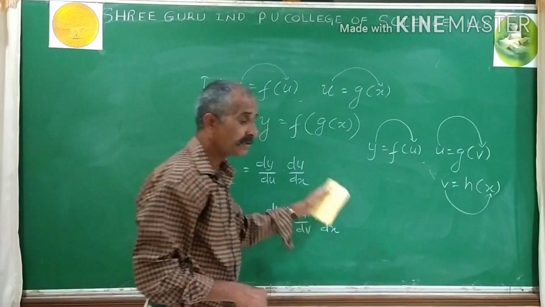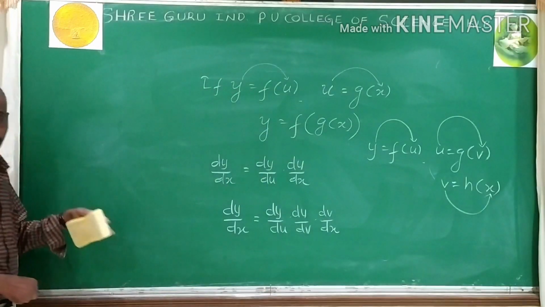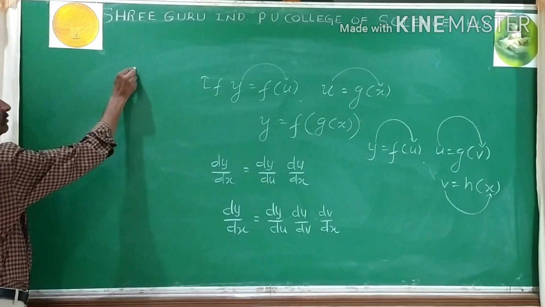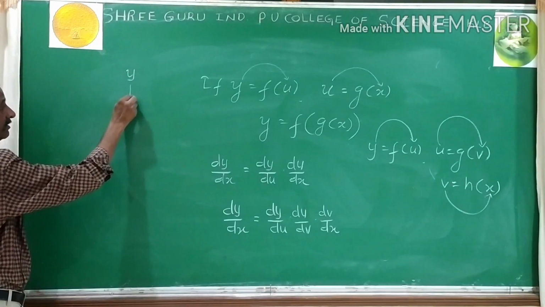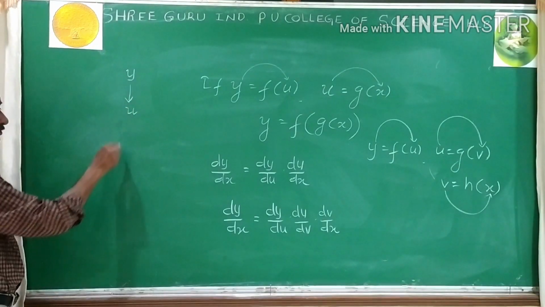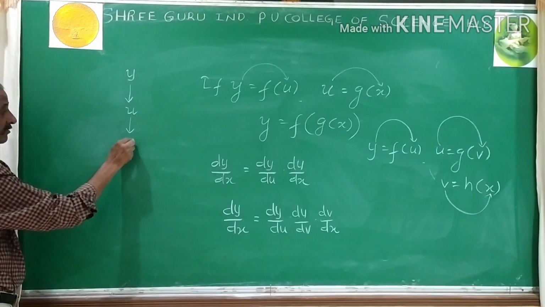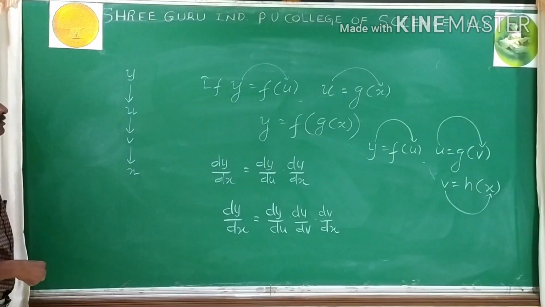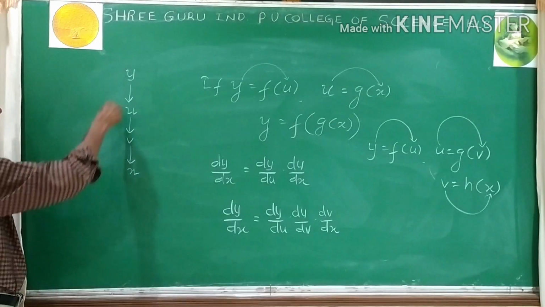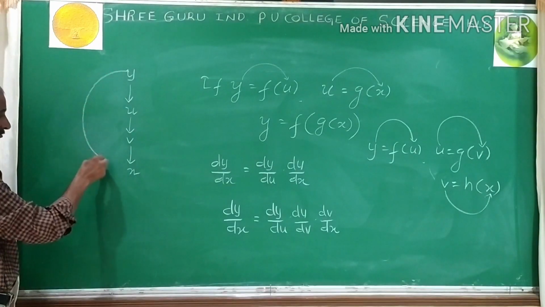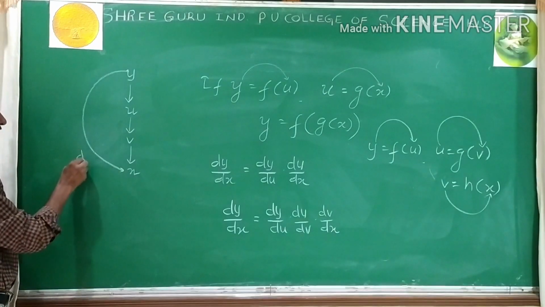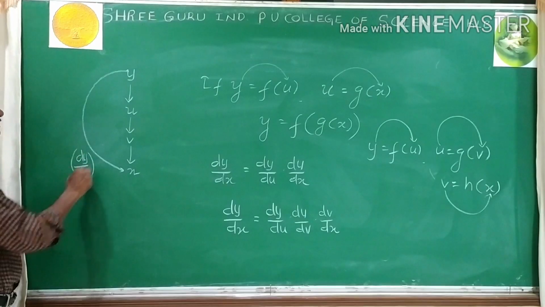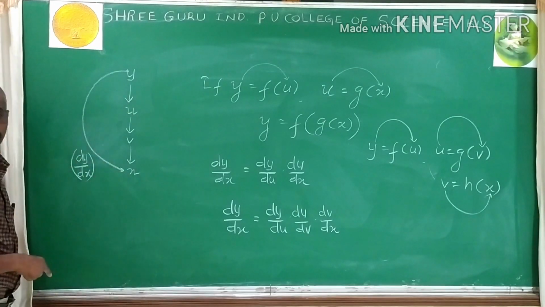Further, this rule can be easily memorized by this diagrammatic representation. What we have: y depends on u, u depends on v, v depends on x. So what we are going to find here is dy by dx. We need to calculate dy by dx, no doubt. But keep in mind, y does not directly depend on x.